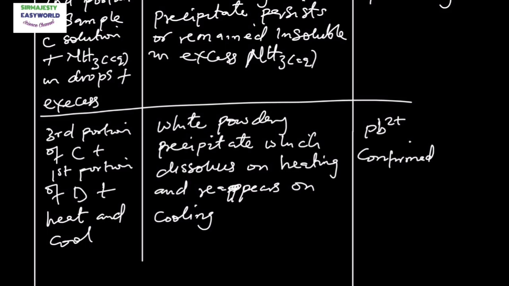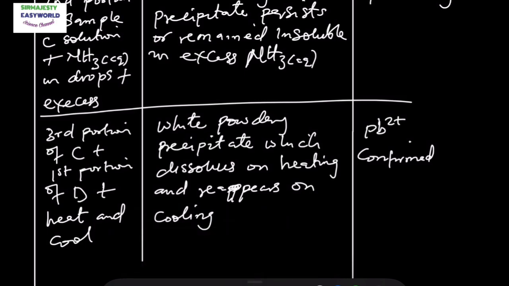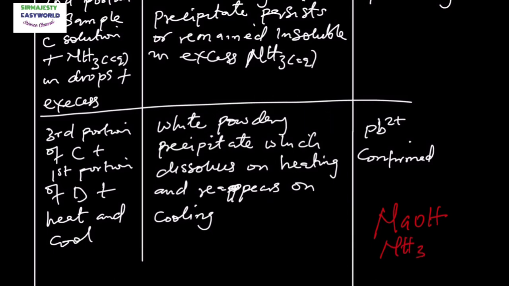These reagents are actually sodium hydroxide. You can equally use aqueous ammonia, or you use potassium hexacyanoferrate-2. If you are testing for iron-3, you need the ferrate.